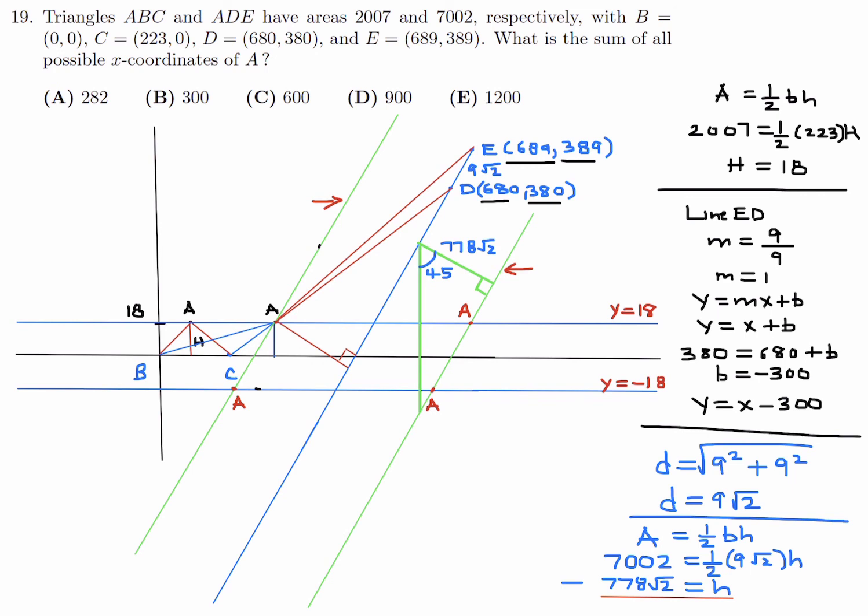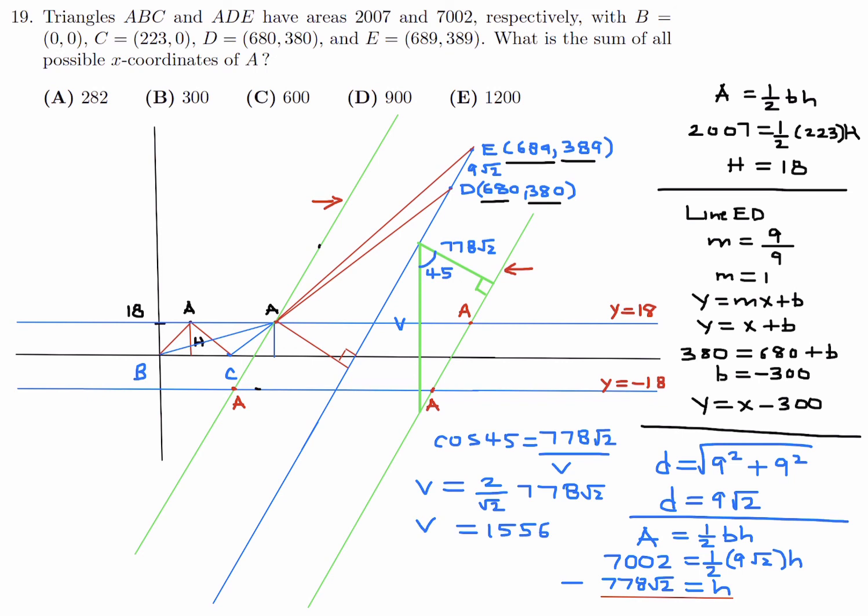And that is going to be, if I call it, say, V for vertical, cos of 45 will be equal to 778 root 2 over V. And therefore V will be equal to 2 root 2 times 778 root 2, and this is going to be 1,556.